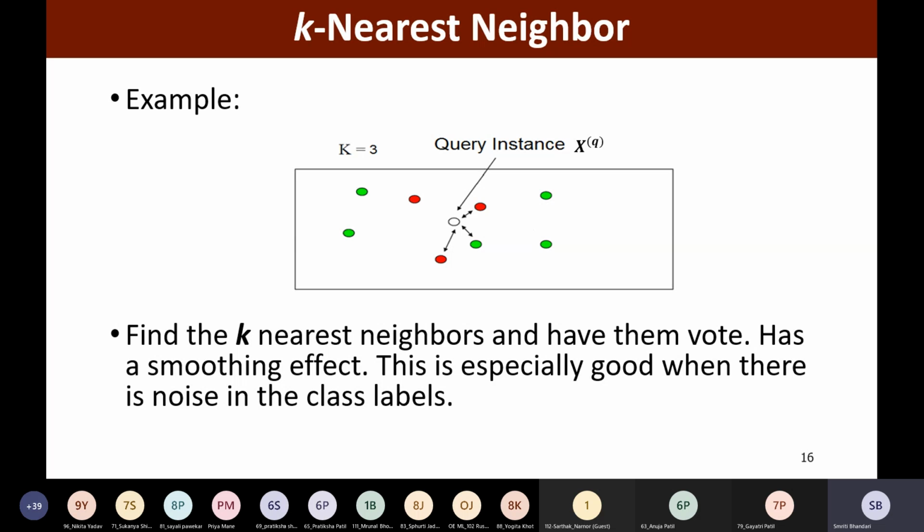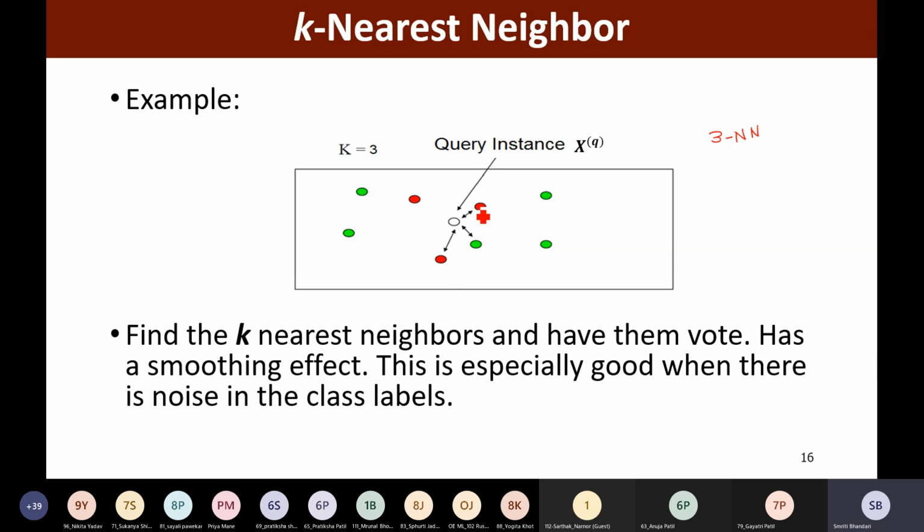If we go for K equal to 3, then the problem becomes 3NN, 3 nearest neighbors. So given the query instance XQ, we are going to find 3 samples from the training data set that are closest, right? Now, out of these 3, we sum up the number of samples having class label red and the number having class label green.